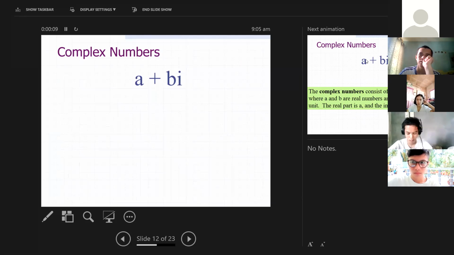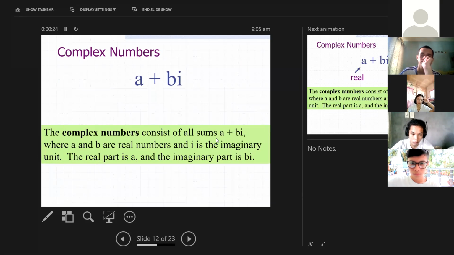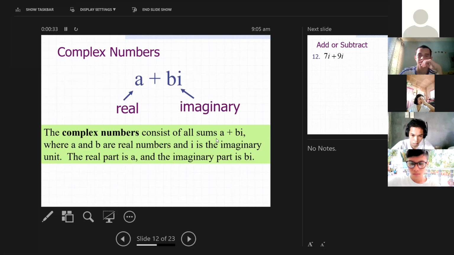You will not write it as bi plus a, though it still follows the commutative property of addition. The first to be written is the real part, followed by the imaginary part. In the complex number a plus bi, a is the real part and bi is the imaginary part.